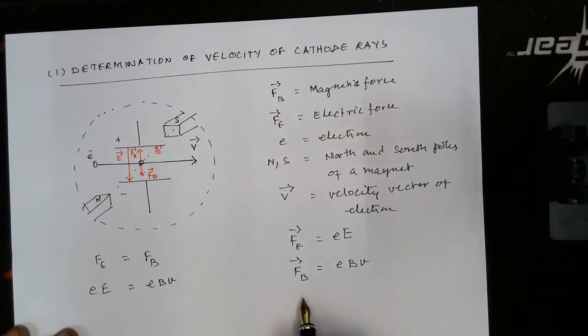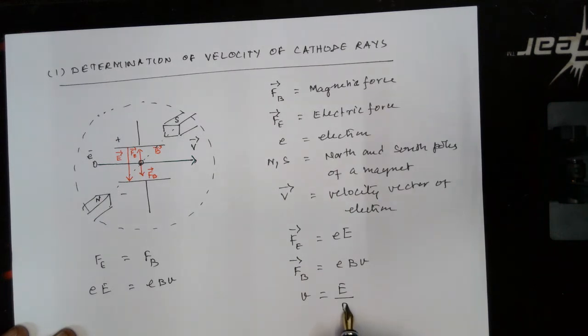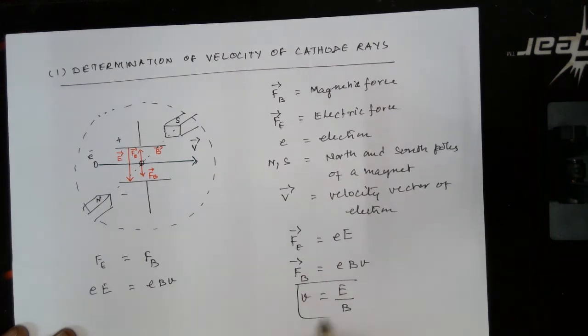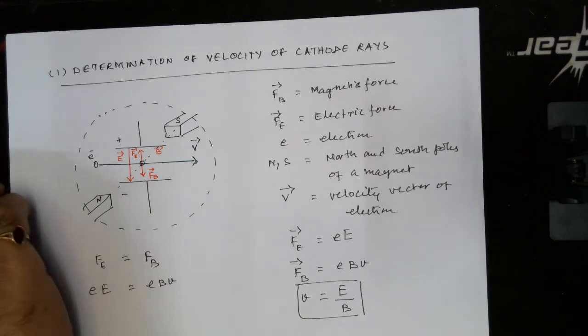We know already v is equal to the ratio between the electric field and magnetic field. This should be noted down.